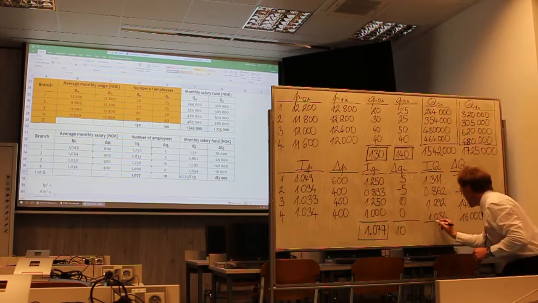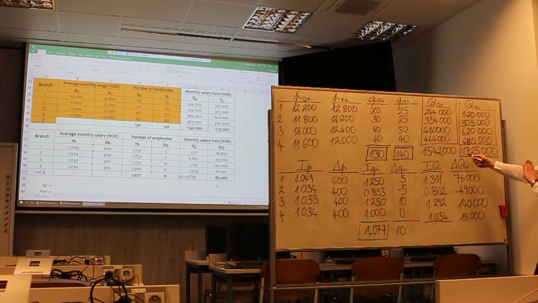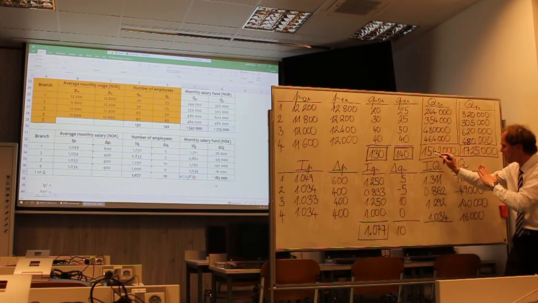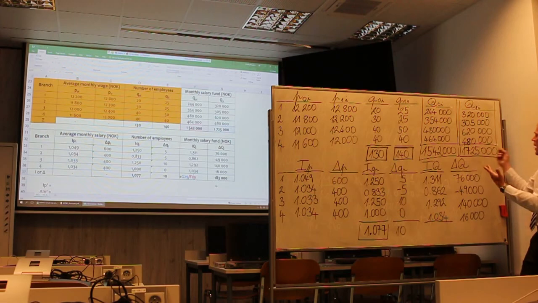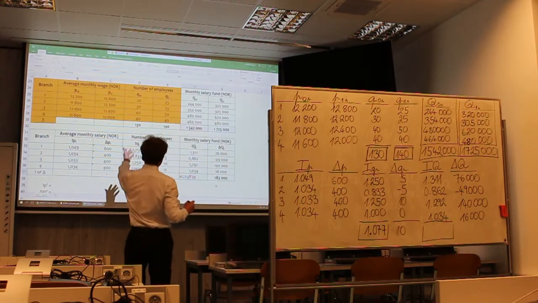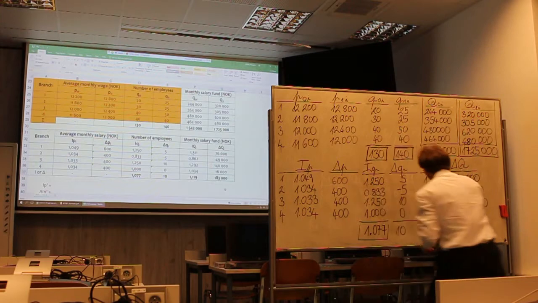So there will be a ratio: 1,725,000 divided by 1,542,000. Yes, the ratio of these two values, and the result is 1.119.